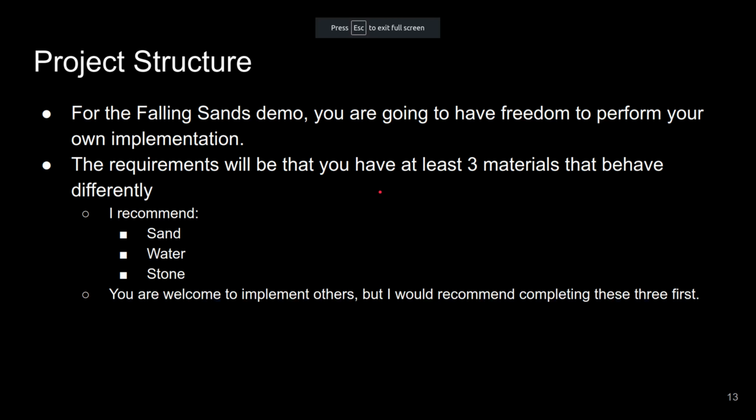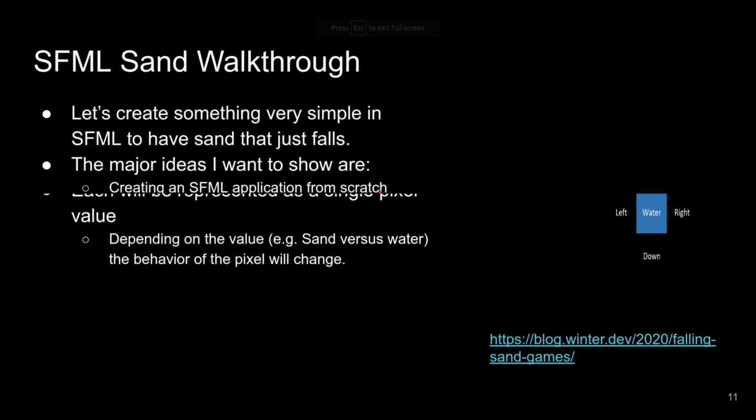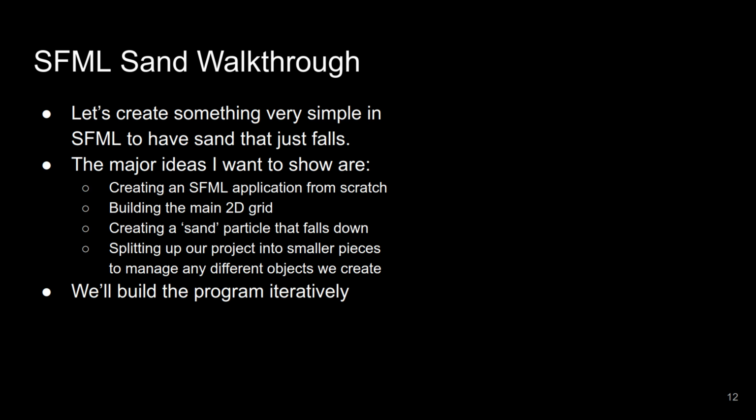Okay, so let me back up a little bit and do a little bit of our walkthrough. The idea is to create something very simple in SFML today, so you can see how I approach starting a new project, and capture some of the major ideas.